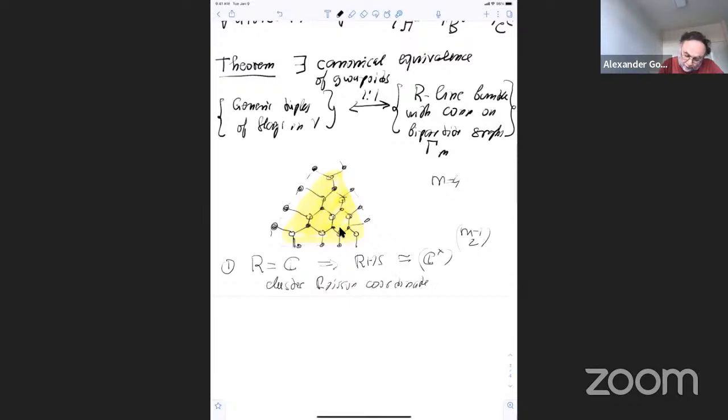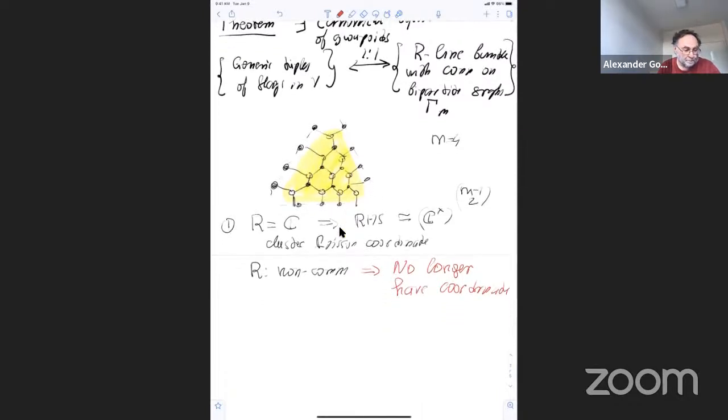But if we have R non-commutative, then the main takeaway from this is that we no longer have coordinates. So why do we no longer have coordinates?